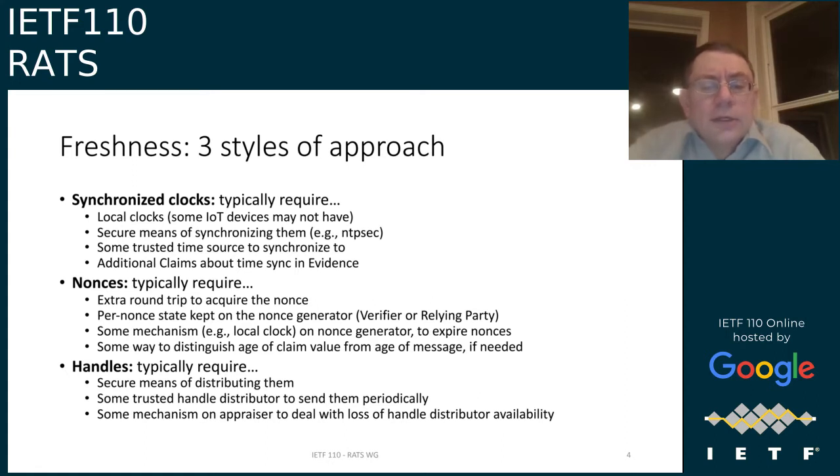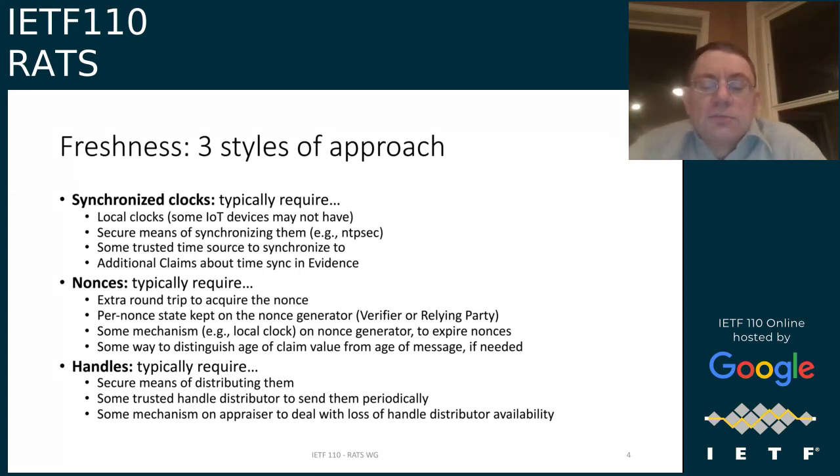And then finally, in some cases, you might need the ability to distinguish the age of a claim value from the age of the claim in the message. So for example, if you had a GPS location that was acquired on boot and then you signed the evidence 3 days later, right? Is that still valid?